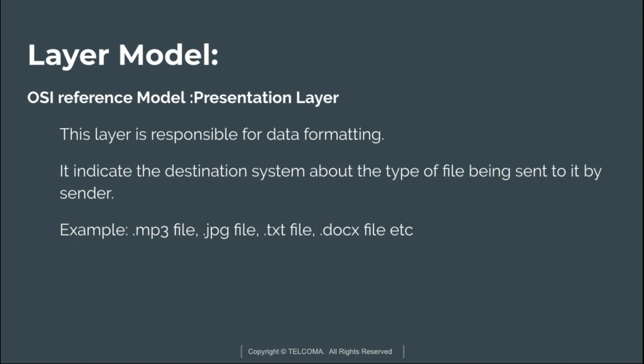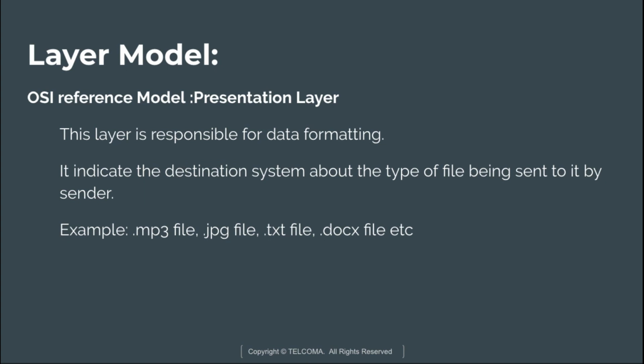Next we will discuss the presentation layer. As its name suggests, it presents the data to the upper layer, that is the application layer. This layer is responsible for data formatting. It indicates to the destination system the type of file being sent by the sender. That means it will tell the application layer what kind of file is sent to it.